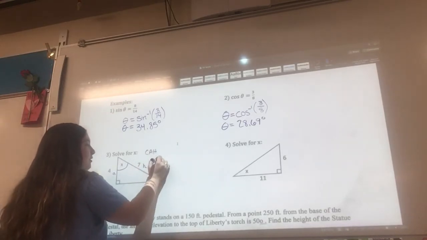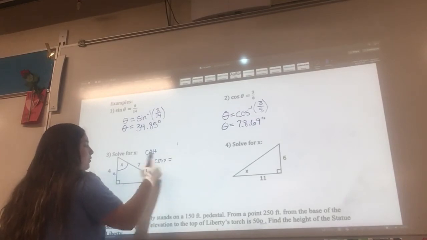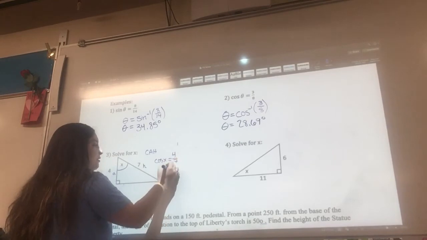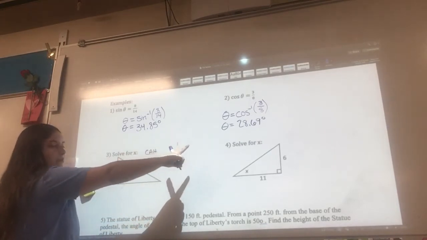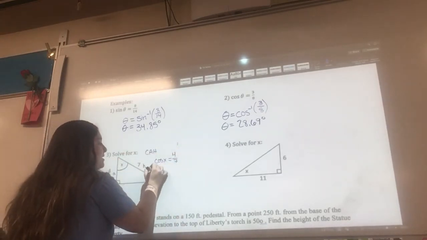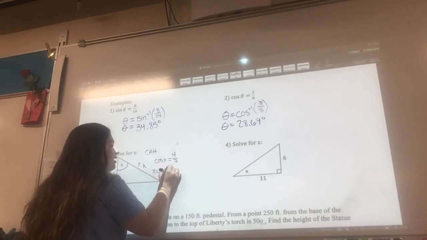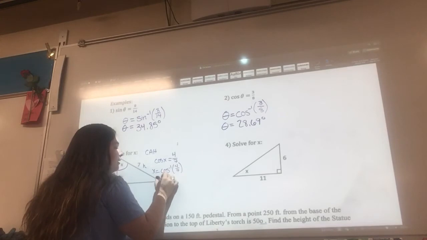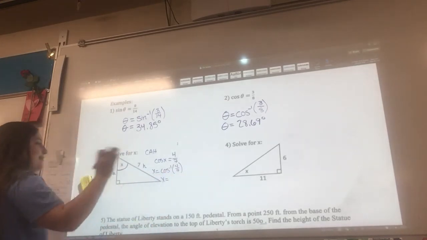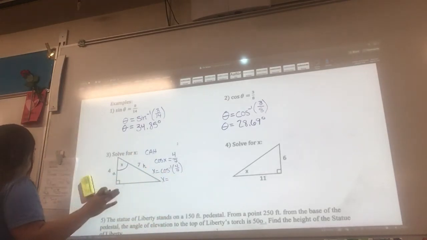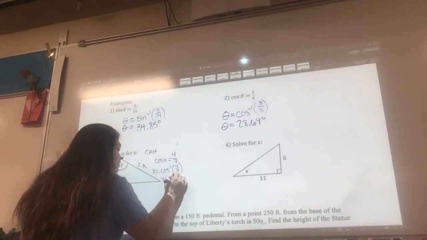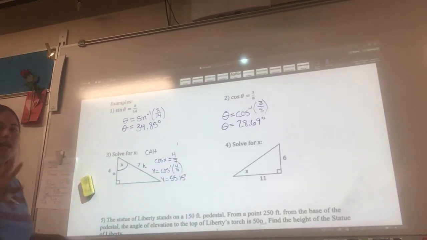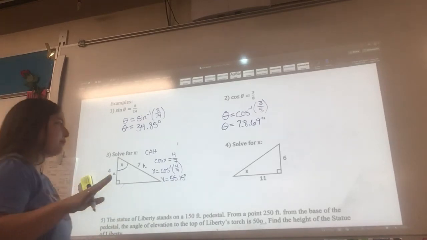So we're going to say cosine of x equals our adjacent 4 over our 7 hypotenuse, and it looks just like what we did over there. So we say x equals cosine inverse of 4 over 7. We're going to plug that into our calculator. Second cosine, 4 divided by 7, to get 55.15 degrees. Same thing, okay?